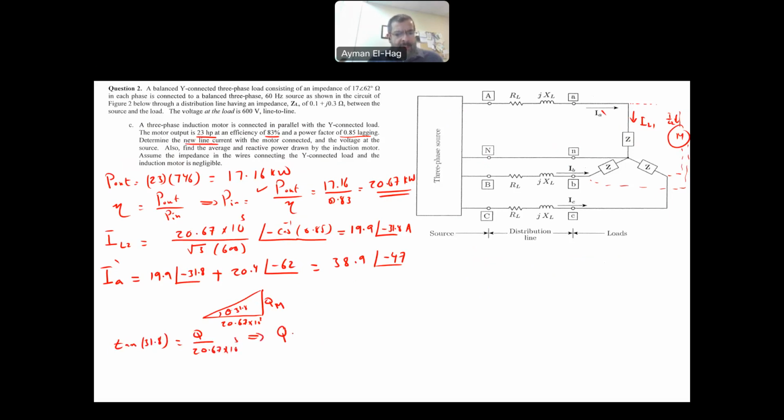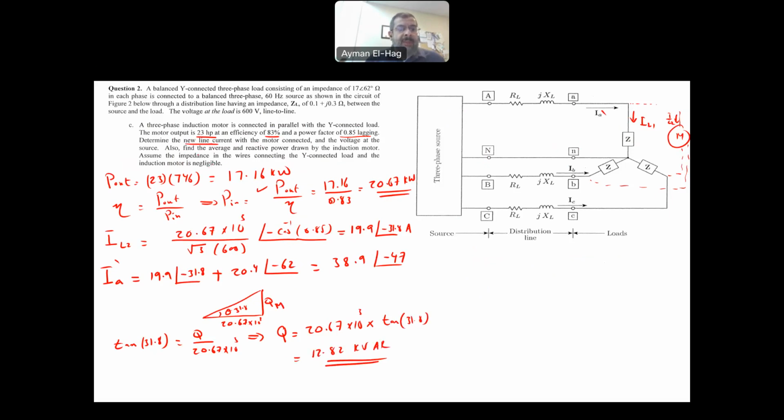From this, your Q is equal to 20.67 times 10 to the power 3 times tan of 31.8, and this will give me 12.82 kVAR. This is the reactive power consumed by my motor.